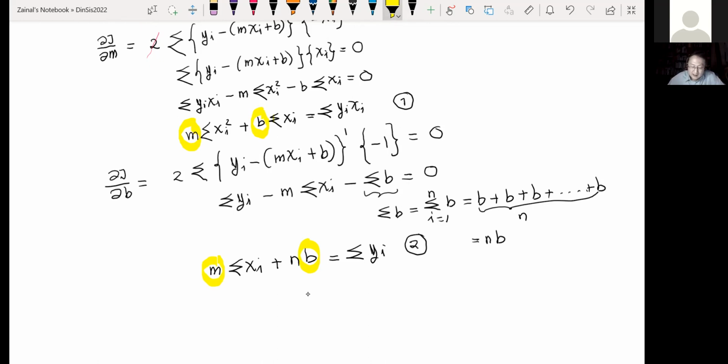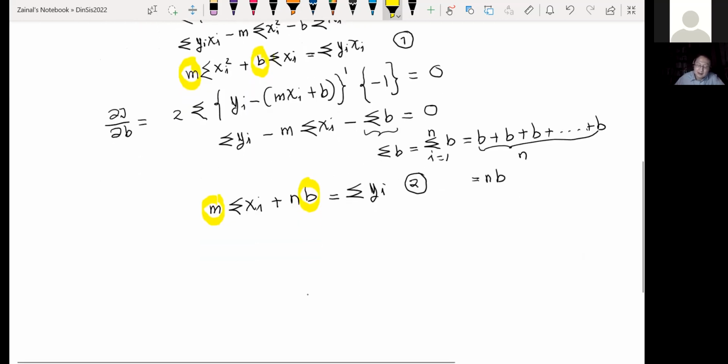If you want to find m, then you have to cancel b. So to cancel b, look at equation 1. Equation 1 multiplied by n.